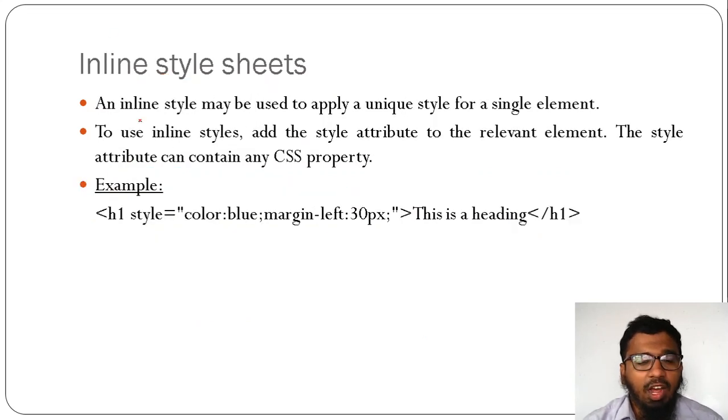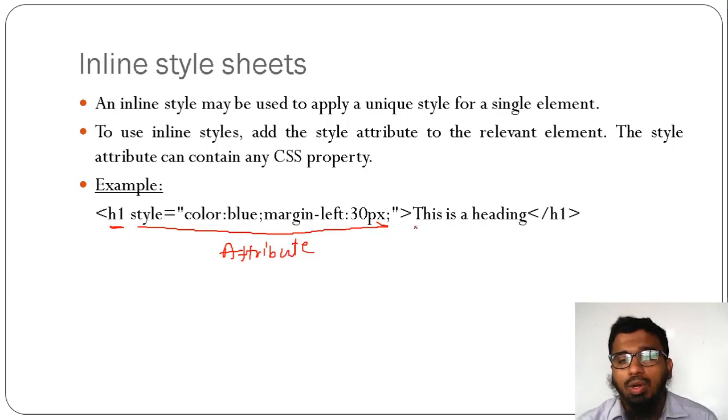First one is inline. An inline style may be used to apply a unique style for a single element. Take the example of this H1, and whatever you are writing, this is an attribute, and this is the element.